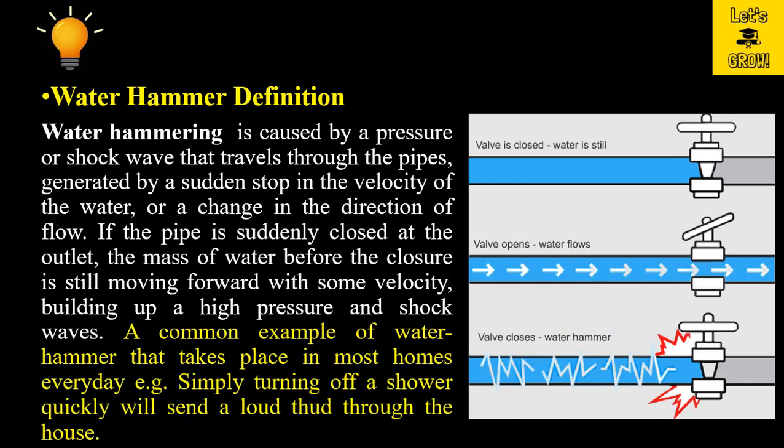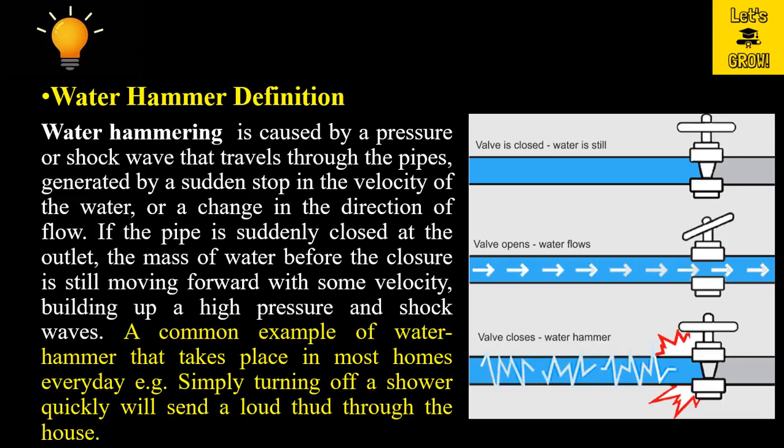Water hammering is caused by a pressure or a shock wave that travels through the pipes, generated by a sudden stop in the velocity of the water or a change in the direction of flow, correct? So the wave which will travel opposite to the direction of flow will cause the water hammer, and it can also be due to a sudden change in the direction of flow.